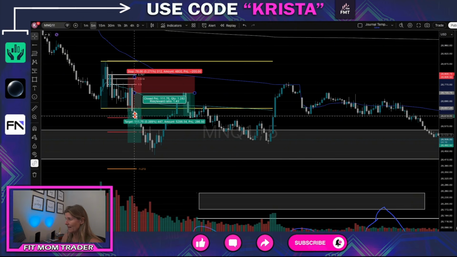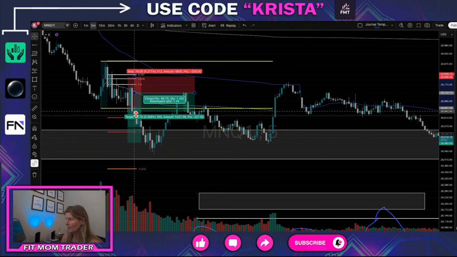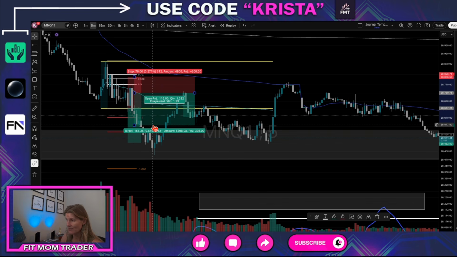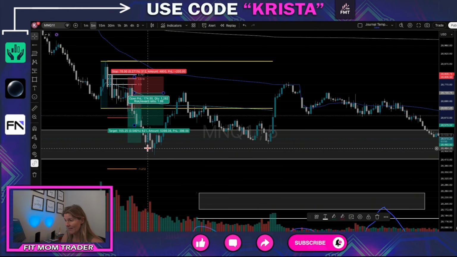And then I can either target the bottom of the range, which is a super safe, like really high win rate strategy. That's a 1-to-1. Or I can go for more like a 2-to-1. So better risk to reward, right? Now I'm making on NQ 155 points off of that trade. And it hit. And it could potentially go lower.